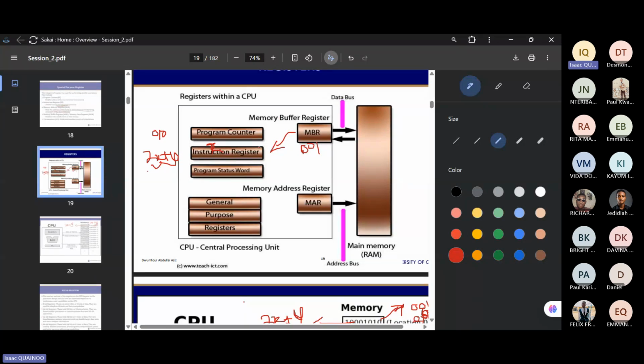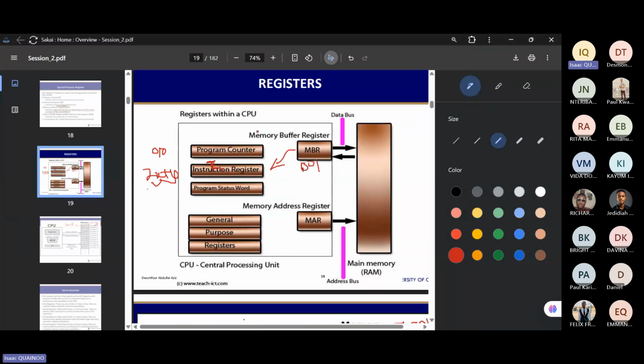And then your instruction register will store the actual instruction. So the memory buffer stores the address, your instruction register stores the instruction. And your program counter stores the address of the next instruction.